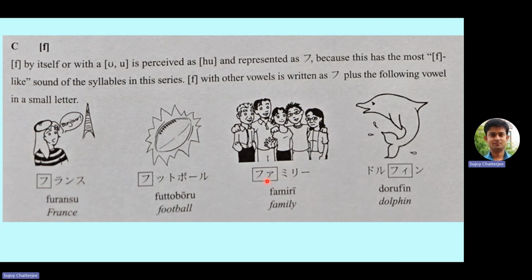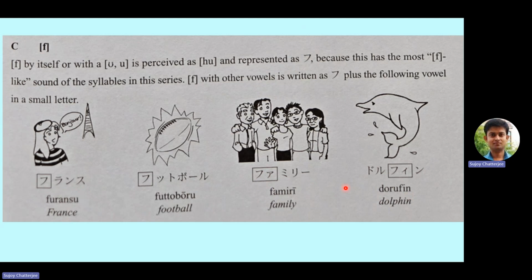Similarly, for dolphin, we have doru fin. Ideally it should be hi, but that would make the pronunciation completely different, so we write fu first and then a small i, because fu is the only sound in Japanese that has the f part in it. So we do not say doru hin or hamiri, but famiri and doru fin.